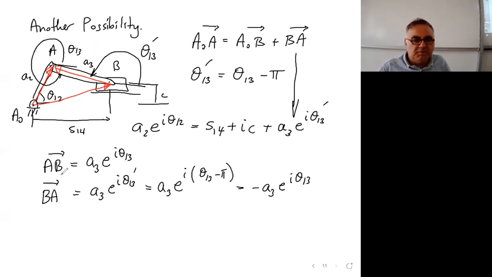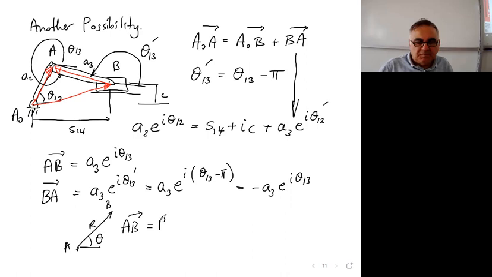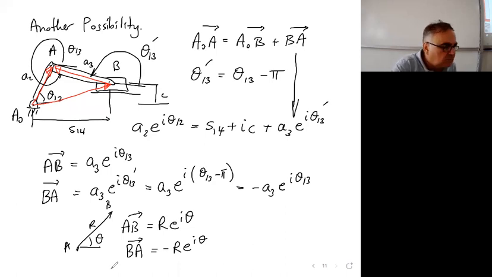Because as a matter of fact, in general, if a vector AB is this one, sorry, let me draw it like this. This has a length of r. If it is r e to the I theta, then BA would be the opposite of that. It will be minus r e to the I theta, as you can guess. It's a vector in the opposite direction.